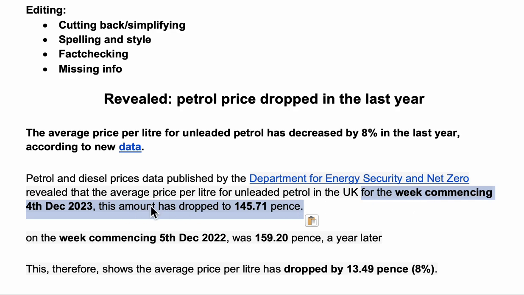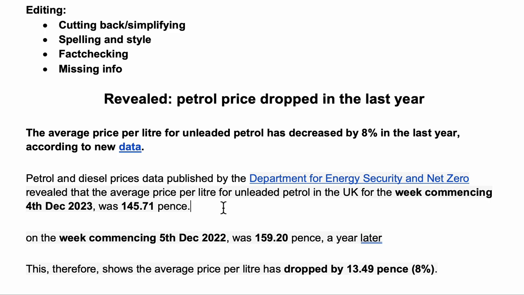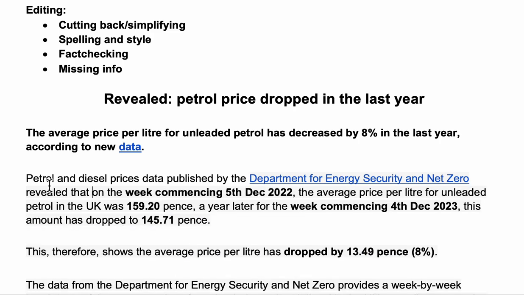For the week commencing... Okay, so we start with, okay, what it actually is revealing, because it's not revealing what the price was in December. So if I just go back to what it was like, this data isn't revealing anything about the 5th of December 2022, because that information was published a year ago.